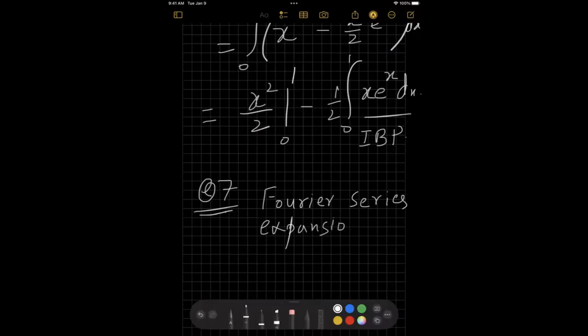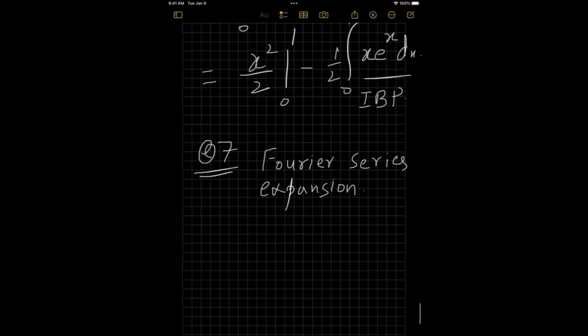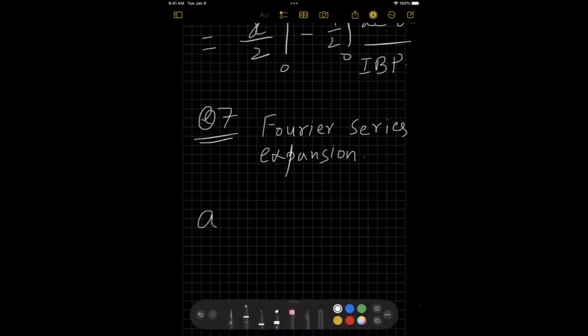I don't know if they will give them to you or not, but they did not mention it on the D12. They said they will give you the table of Laplace. For this, you should know the formulas for 3 terms: A naught, AN, and BN. For A naught, we have the formula.